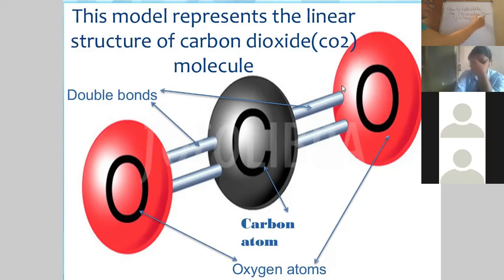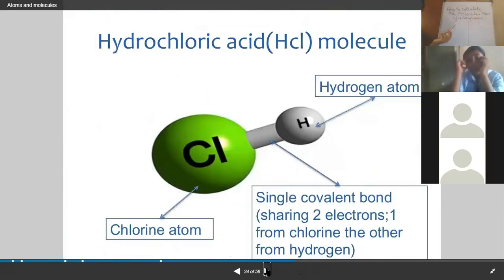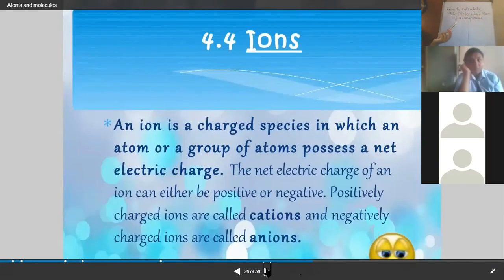Whether it is a molecule of an element or a compound, we have to understand how to calculate the molecular mass, before we discuss what an ion is. For example, take a molecule of the element H2 and a molecule of the compound HCl.